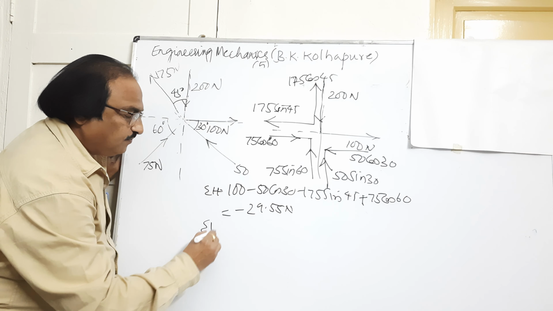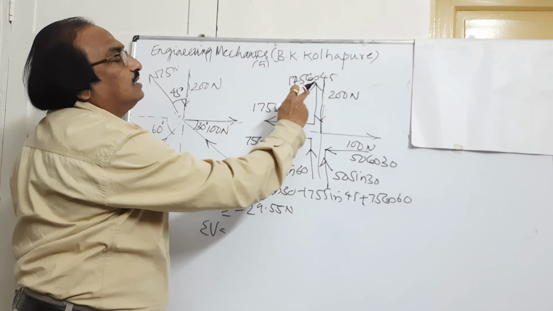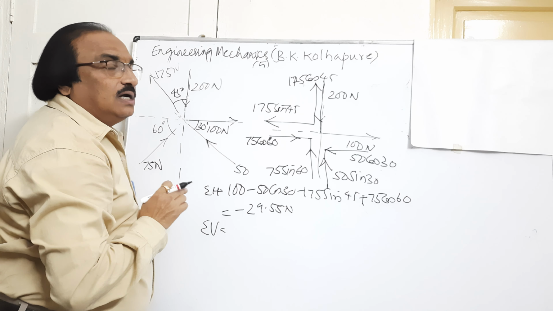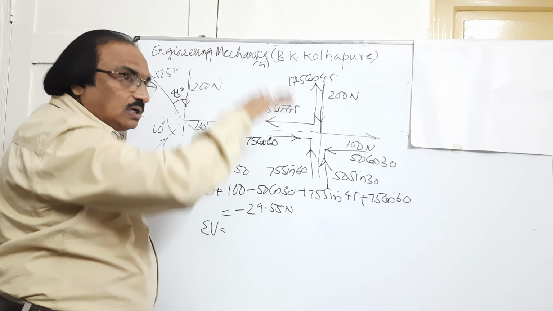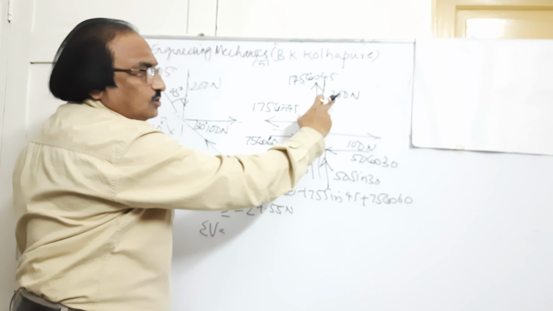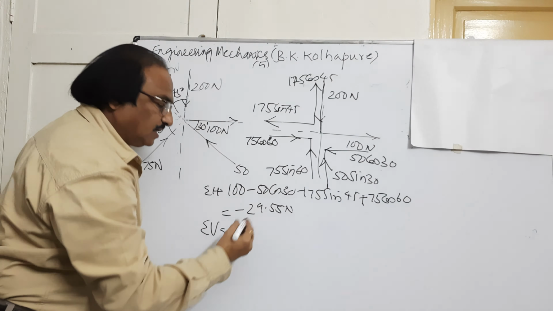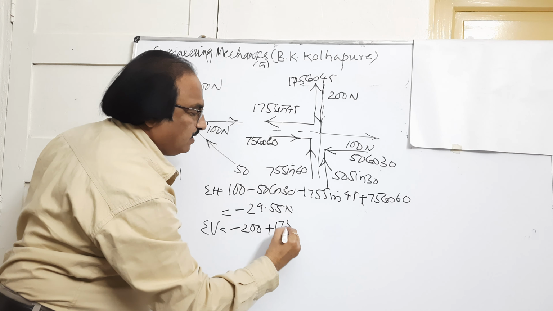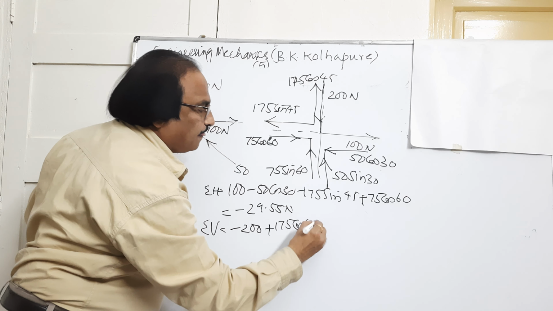Likewise, we will resolve the forces vertically. How many vertical forces are there? 1, 2, 3, 4. 4 vertical forces. Vertical up are positive, down are negative. If I begin with this, 200 is acting down, so it will be minus 200. This 175 cos 45 is acting upward, so it will be plus 175 cos 45.